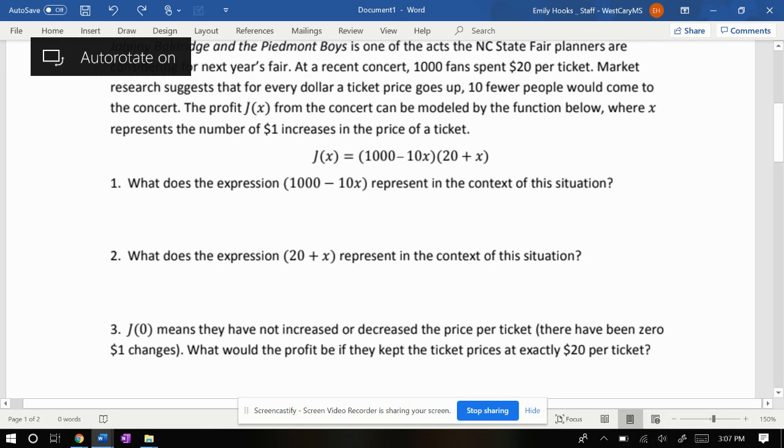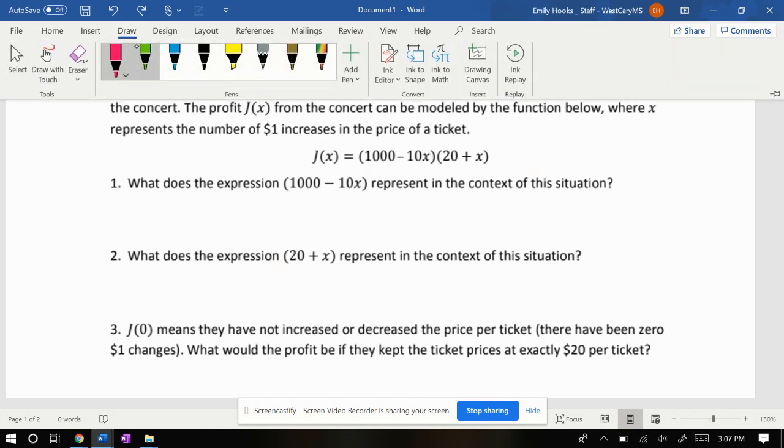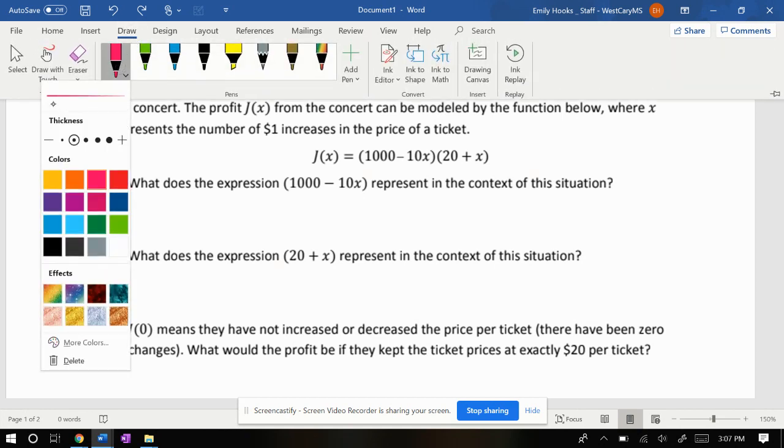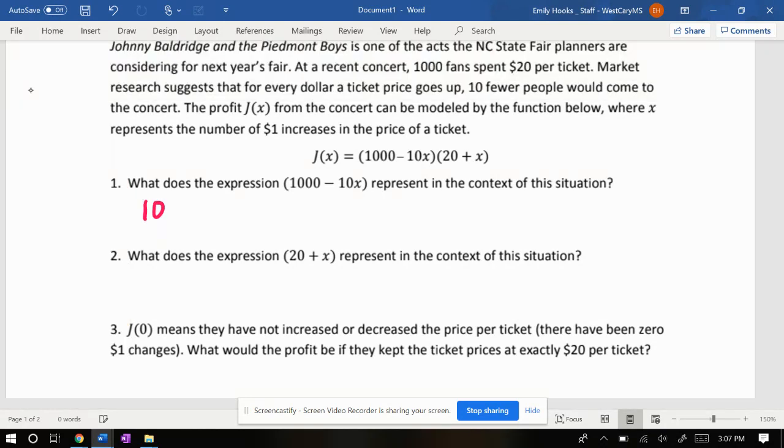So what does the 1,000 take away 10x represent in the context of this situation? In this situation, the 1,000 represents the 1,000 people who went, the 1,000 ticket buyers or showgoers.